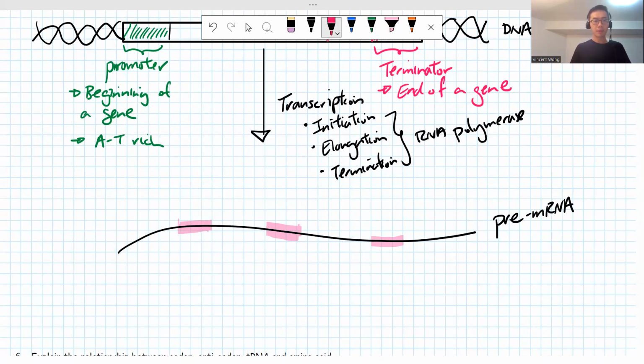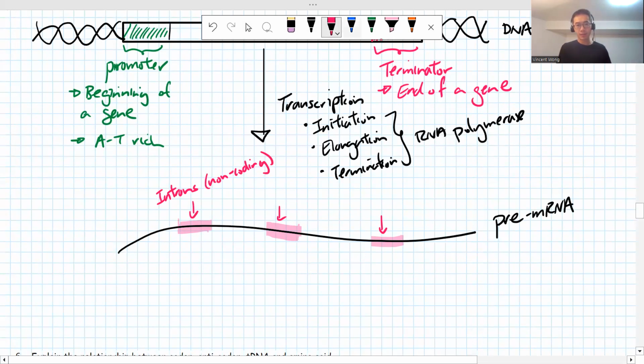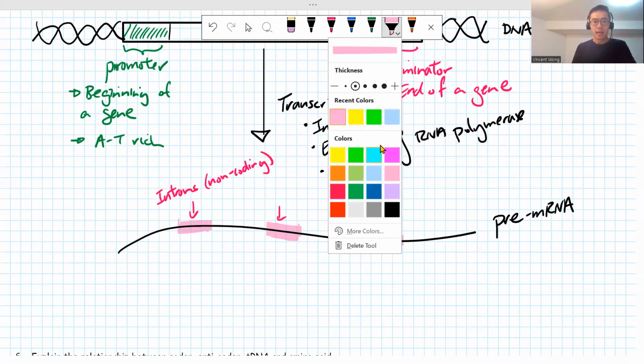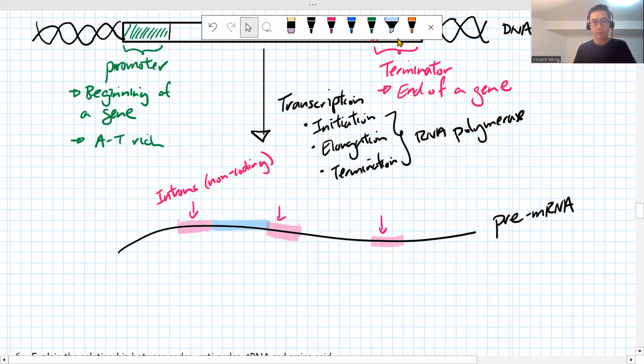I hope you remember the non-coding DNA. These are called introns. They are non-coding. Whereas everything else in between, those are the coding ones, and we have a name for them as well. Those are going to be the exons, right?